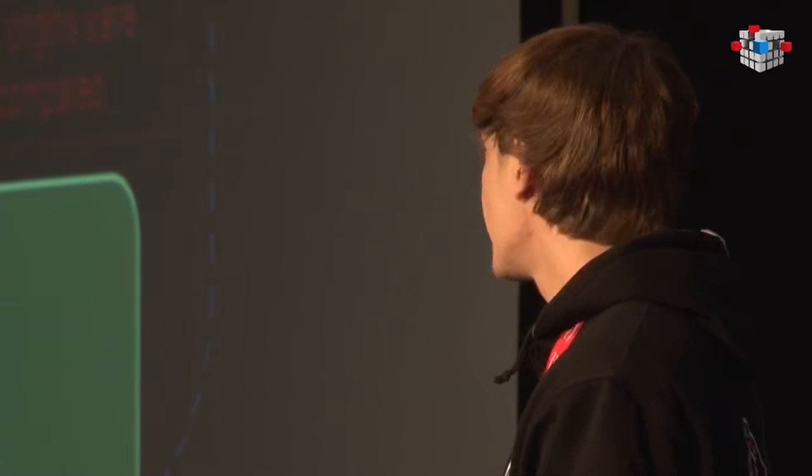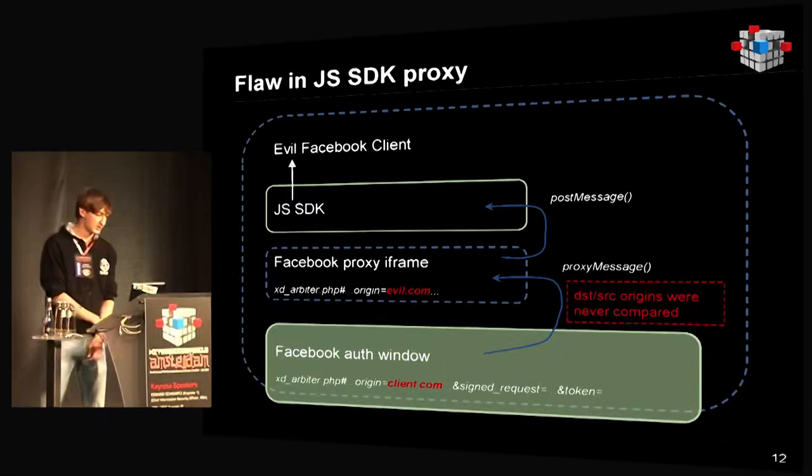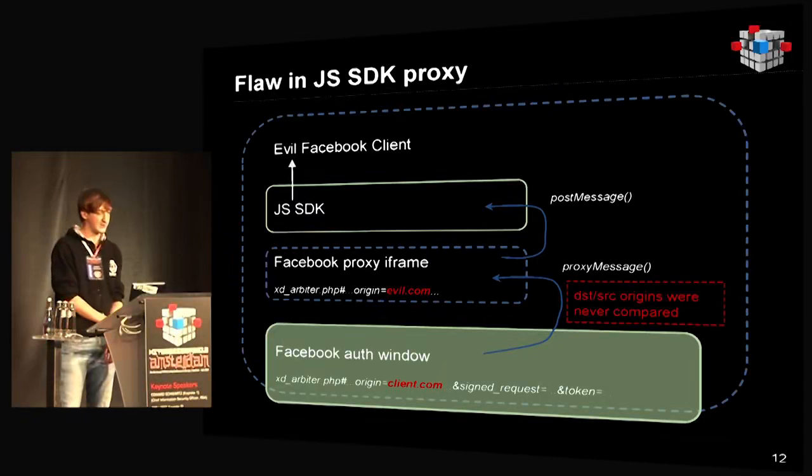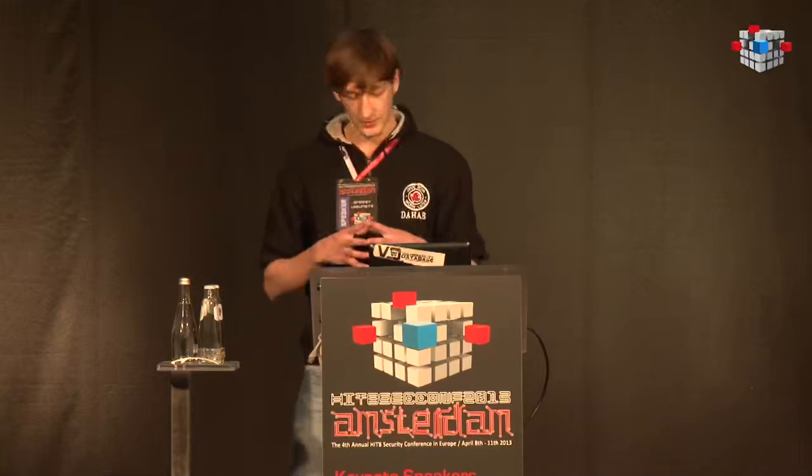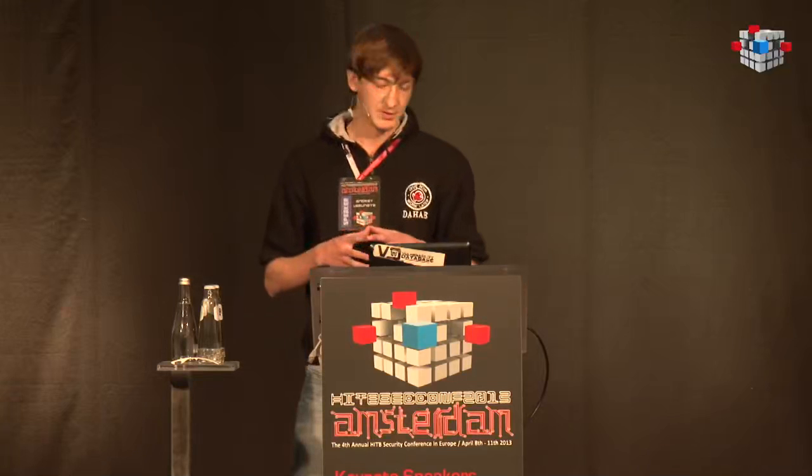Well, the bug was that there were no origin checks. So I was simply loading and setting up the Facebook proxy iframe, prepared for some trusted application, and injected it into my own domain. That way, I got the tokens which were supposed to belong to some trusted application, not to me.